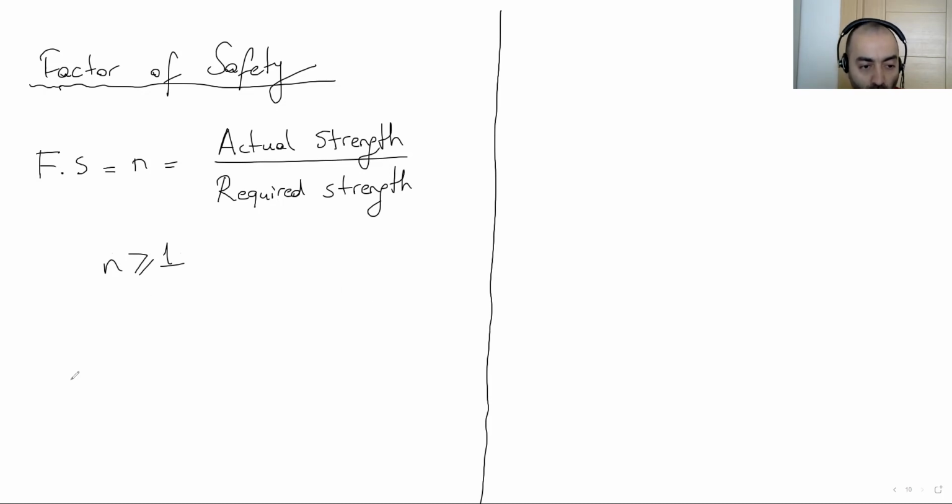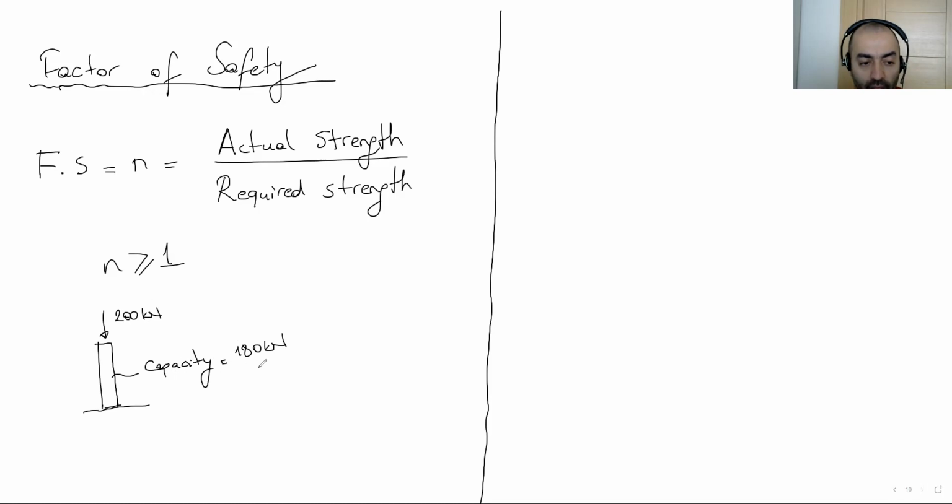Okay, let's say we have a column here. We have a concrete column. We are applying on top of this one 200 kilonewton, and its load carrying capacity is, let's say, is this okay?